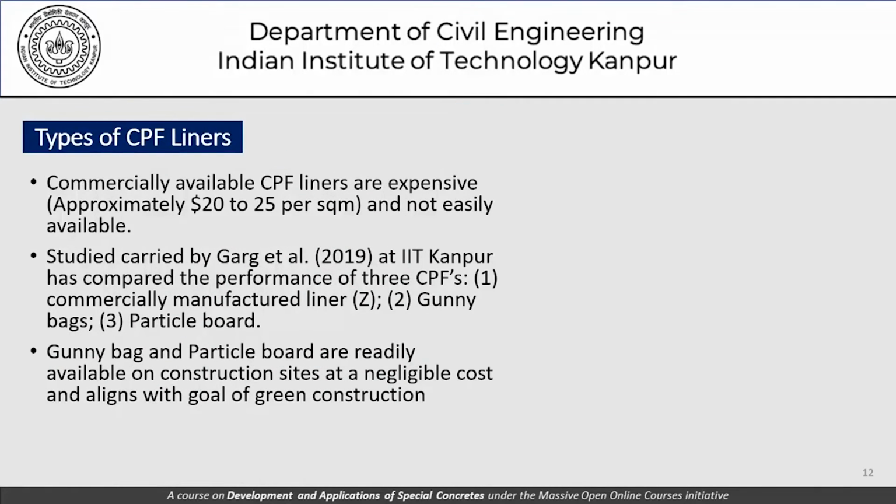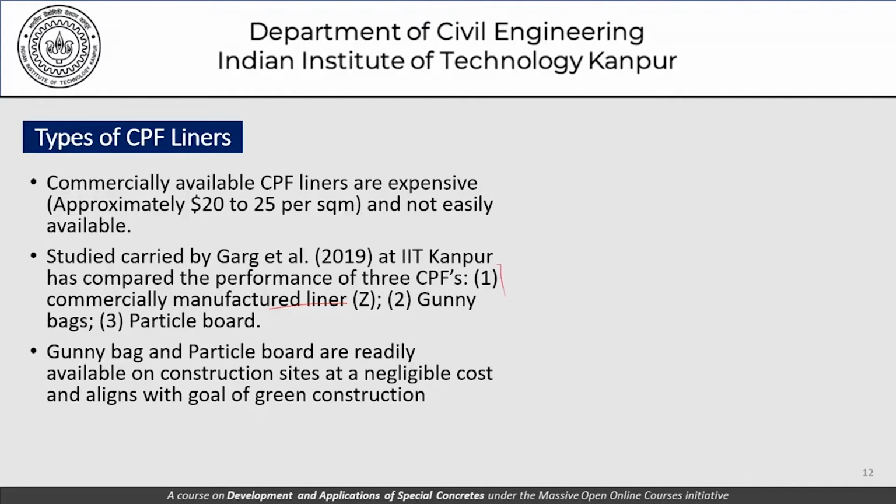As far as the typical CPF liners are concerned, commercially available CPF liners are expensive and not easily available. More than availability, it's a matter of awareness that people may not use it most of the time. We carried out some studies at IIT Kanpur, and I thought I'll maybe share the results from there with you. We used a commercially manufactured liner called Z, a gunny bag, and particle boards.